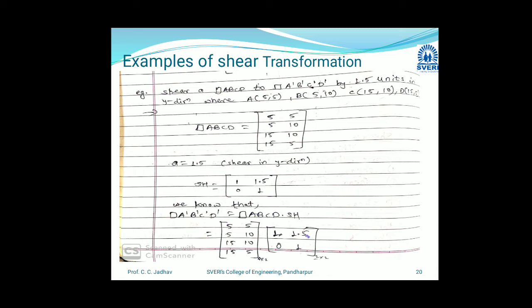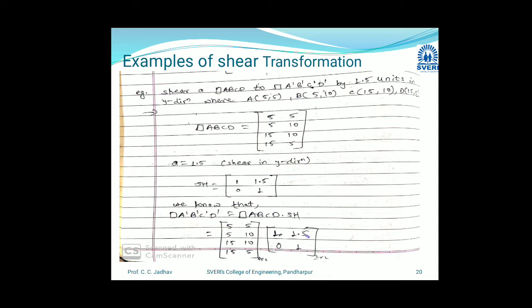First we have to form the square matrix. Square ABCD, from the four point coordinates, is 5, 5, 5, 10, 15, 10, 15, 5. So this is your square ABCD matrix.